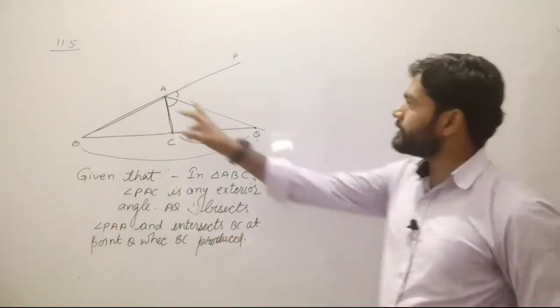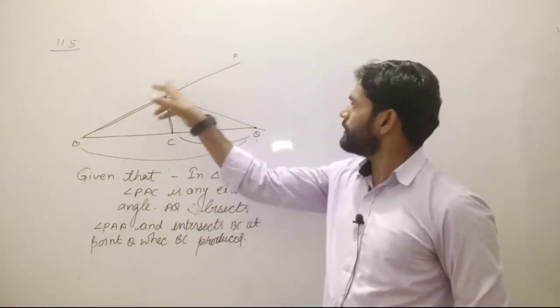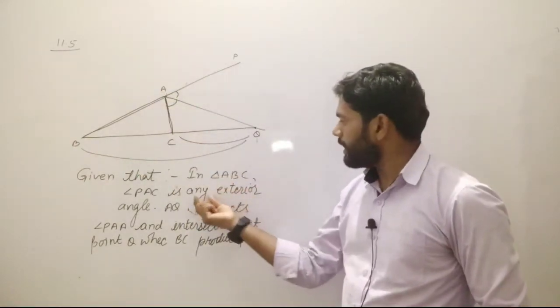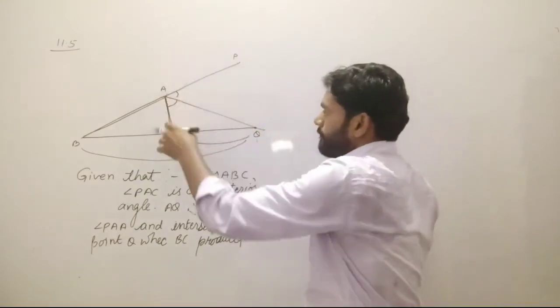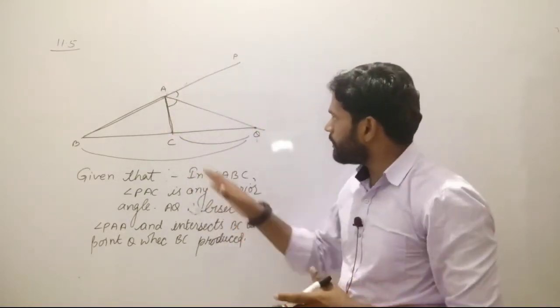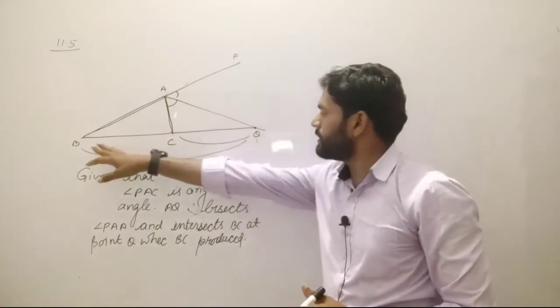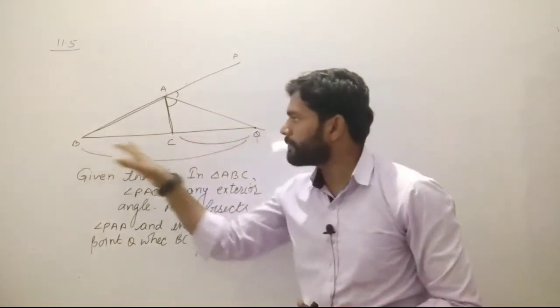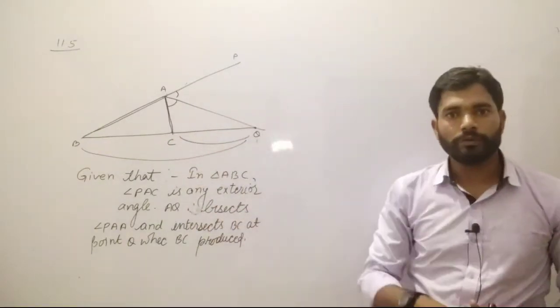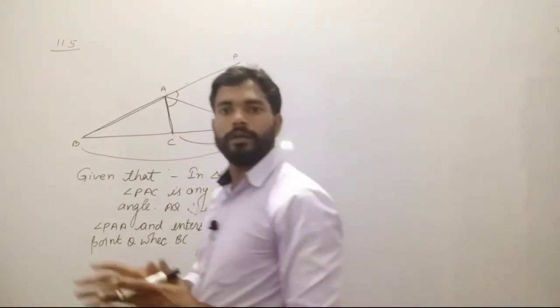Clear? In this triangle ABC, PAC is any exterior angle, and AQ is the bisector of angle PAC, and AQ divides the side BC at point Q externally when we produce BC up to the point Q. This is given in the theorem.